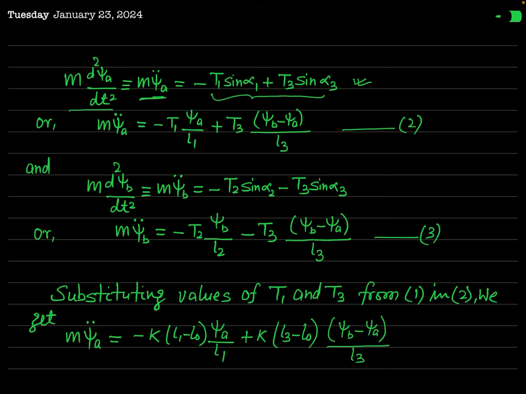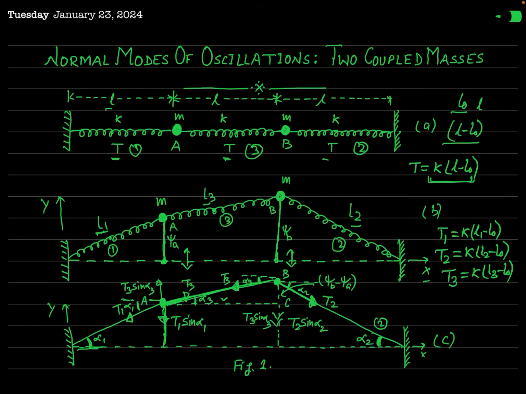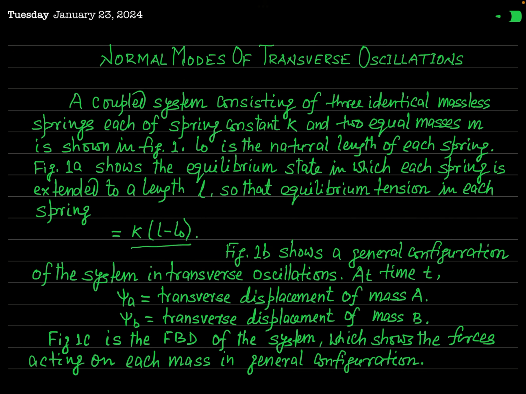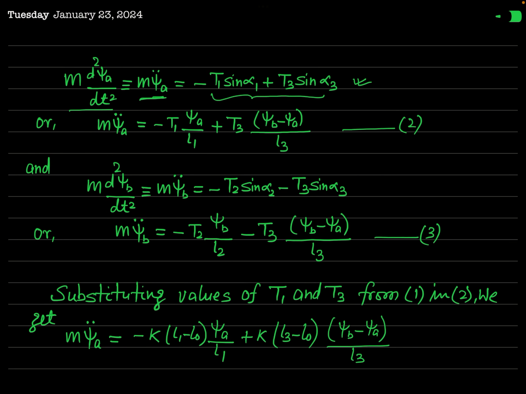Now again see this figure. You can see this angle is alpha 1 and this is a right angle triangle because this angle is 90 degrees, and this displacement is psi A, and the length of the spring now is L1. So from this figure you can easily say what sine alpha 1 will be.